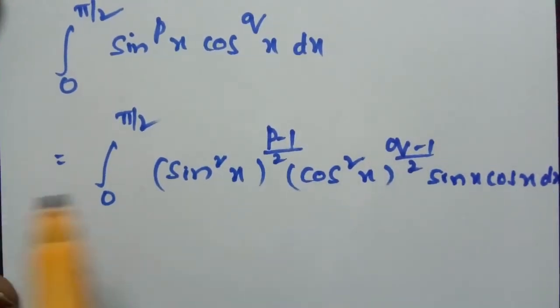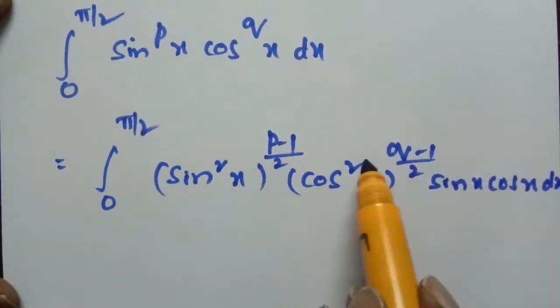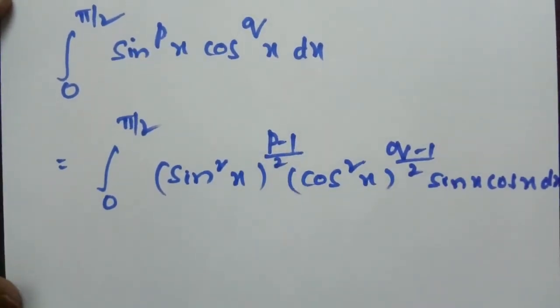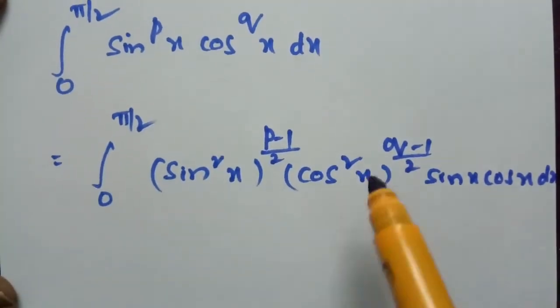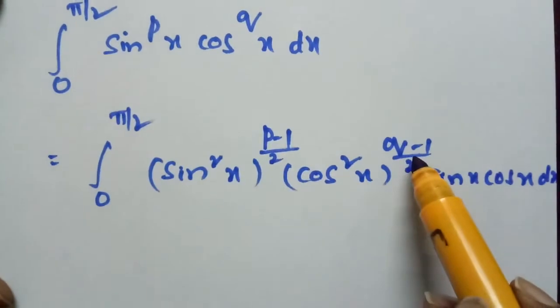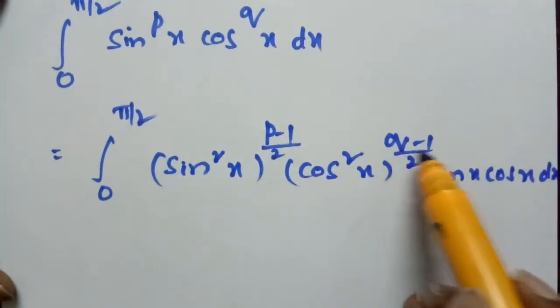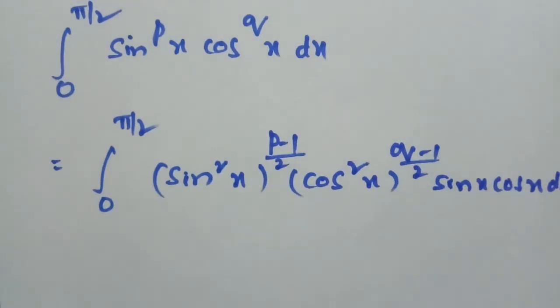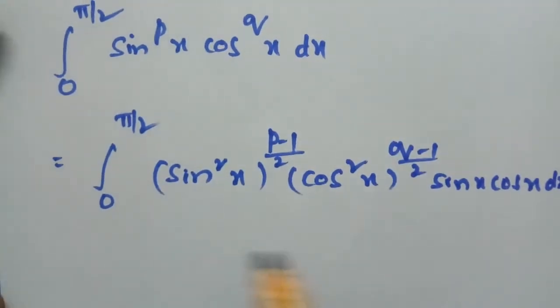Bases are equal, so we can add the powers. Therefore, p minus 1 plus 1, the 1 gets cancelled, and we get sin to the power of p x. Here also, the 2 gets cancelled, cos to the power of q minus 1 into cos x. Bases are equal, powers we are adding, q minus 1 plus 1, minus 1 plus 1 gets cancelled. Therefore, you get cos to the power of q x.